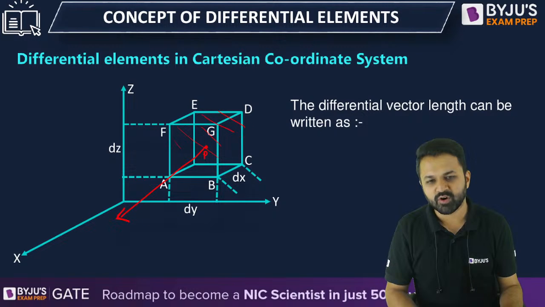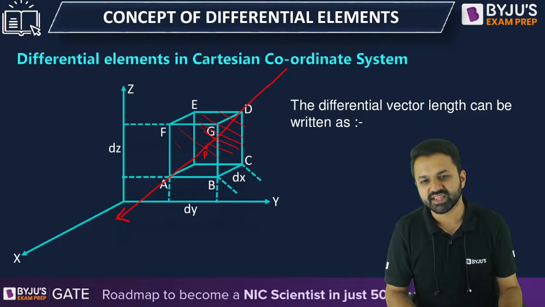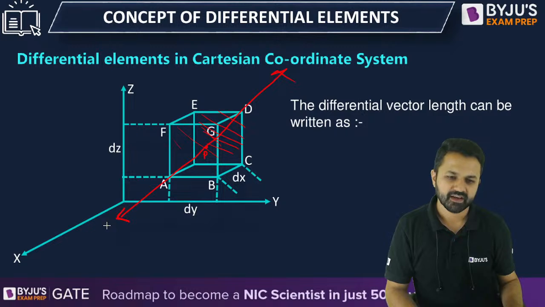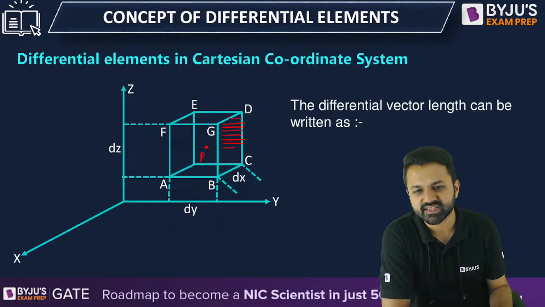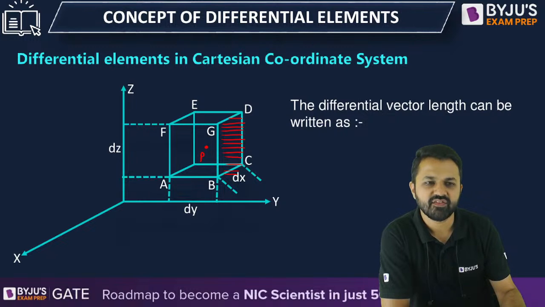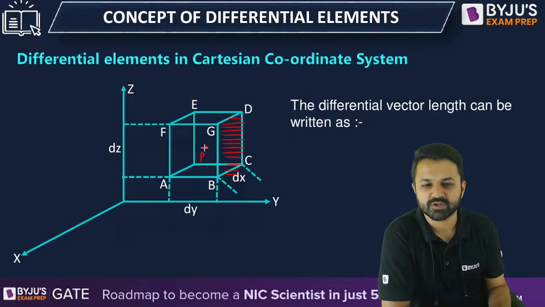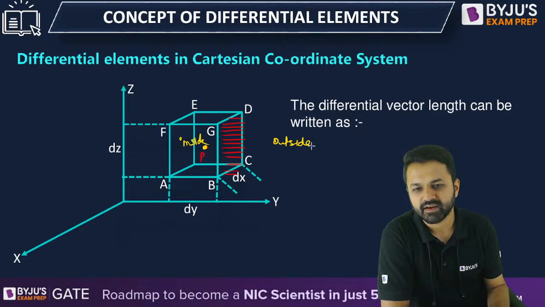Or if you talk about this back surface, then you will move in this direction, inside to outside, right? Suppose you are at this point P and you are taking this particular surface, the side surface, then perpendicular to the surface, moving from inside to outside. This is the inside point and this is the outside point, right?